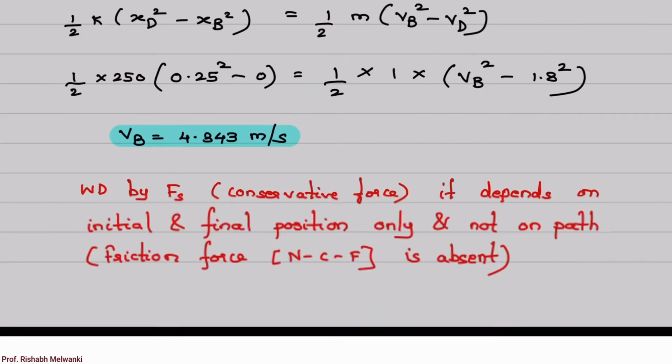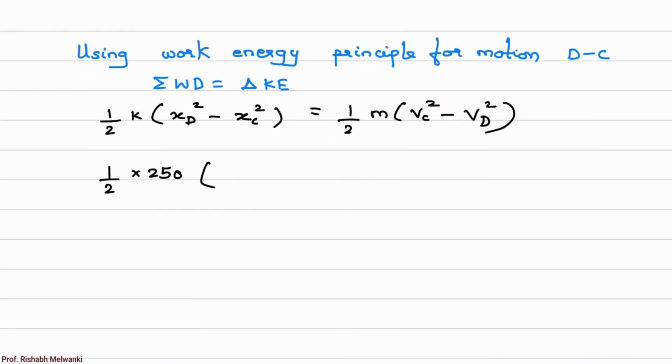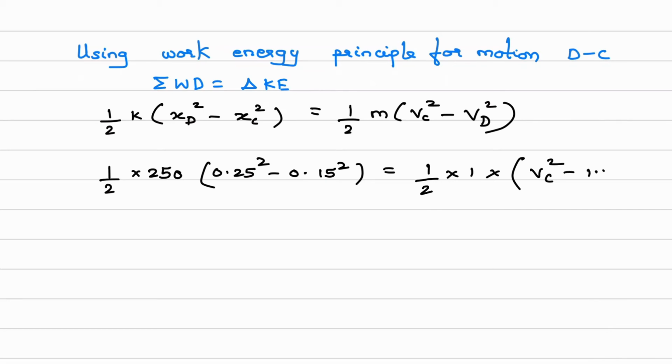Substitute these values. So xd is 0.25 square minus 0.15 square is equal to half into mass. Okay, mass of collar is 1 kg into Vc square. This we have to calculate, Vc value minus Vd value is given in the question, 1.8 square. Okay, so from here we can calculate Vc, which is equal to 3.638 meter per second.